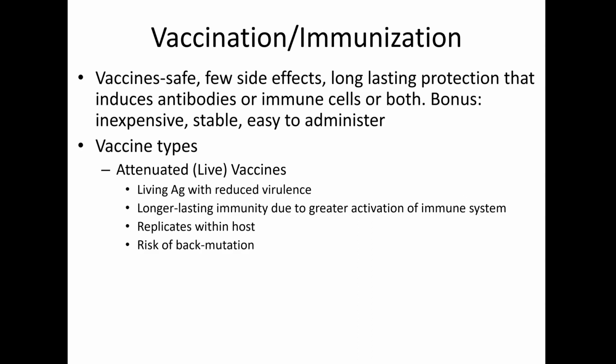And that virus, for example, will accumulate mutations that allow it to survive in a horse or a chicken or whatever it might be, but it won't do well in a person.